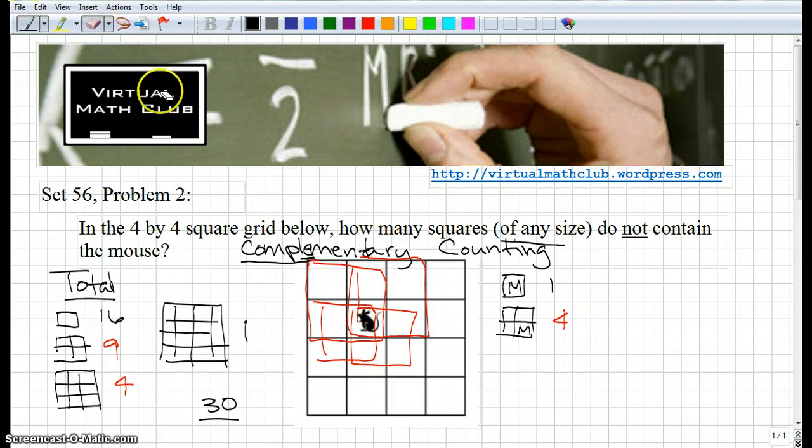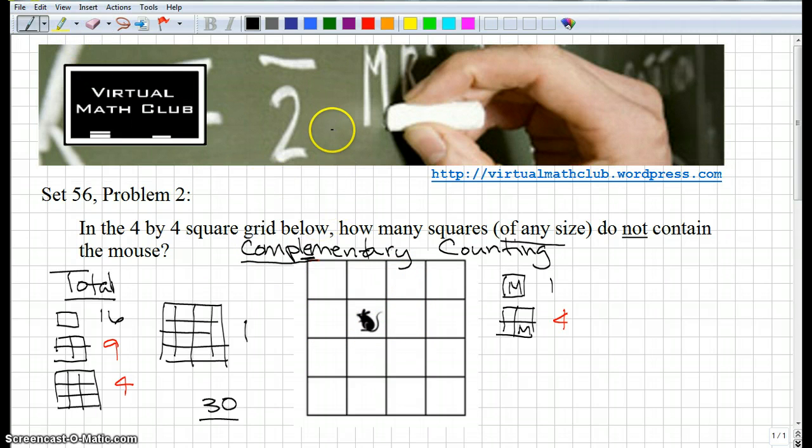All right, so now let's look at the 3 by 3s. Okay, so we have 3 by 3 squares that contain the mouse. And again, we said over here that they actually all contain the mouse, right?